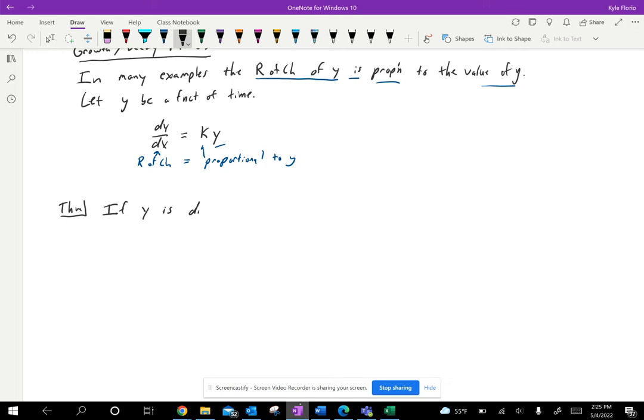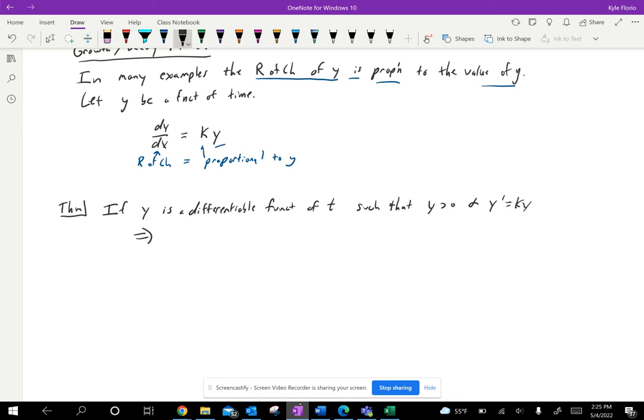If y is a differentiable function, so we can take the derivative of y, as long as the derivative exists, so it's a differentiable function of t, such that y is going to be positive, and the rate of change of y is proportional to y, which is what we said, y prime is ky.